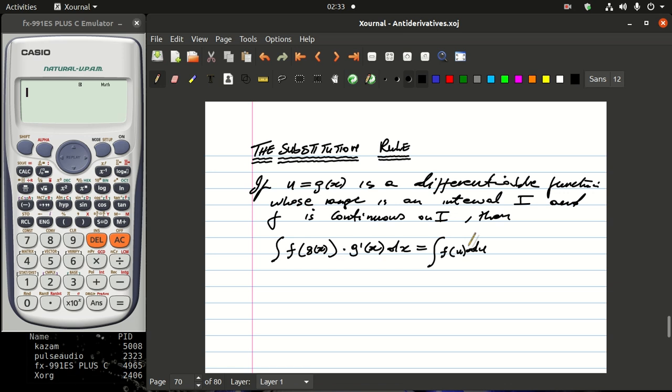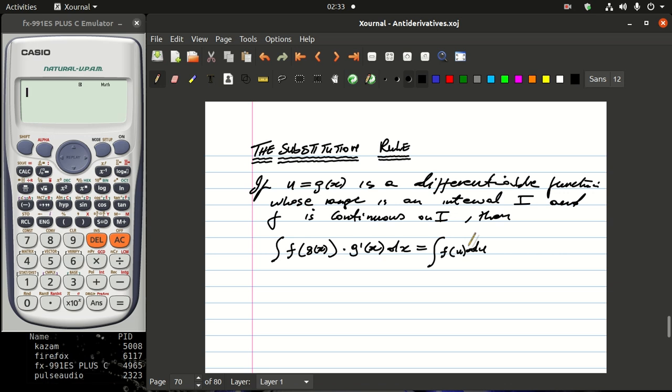The substitution rule, remember that we did the power rule. The power rule is the reverse of the power rule of derivative, and when we're talking about basic derivatives, the sine function has a derivative of cosine, and then the antiderivative of cosine is sine, and we had all those basics.